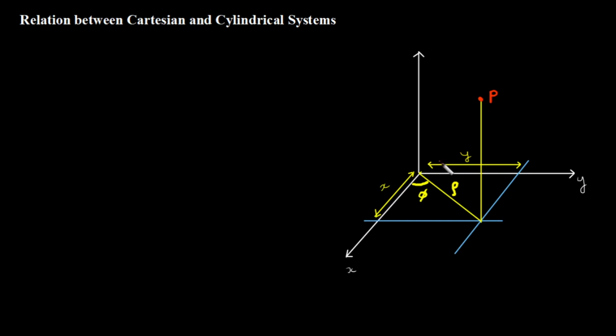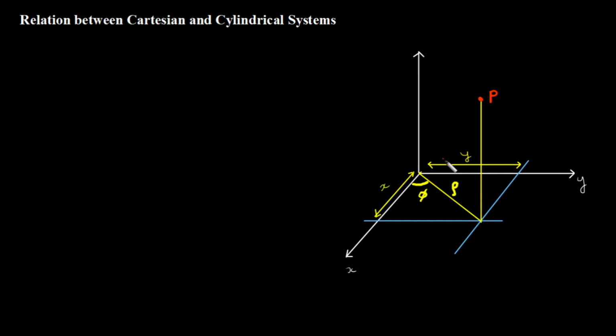You will be given a point represented in cylindrical coordinate system, rho phi z system, and you will be asked to find its equivalent xyz system, or in some applications a point given in xyz coordinate system should be transferred to rho phi z system for better visualization. In either case we should know the relation. If I know xyz, how to get equivalent rho phi z. If I know rho phi and z, how to get equivalent xyz. That is the point of discussion.